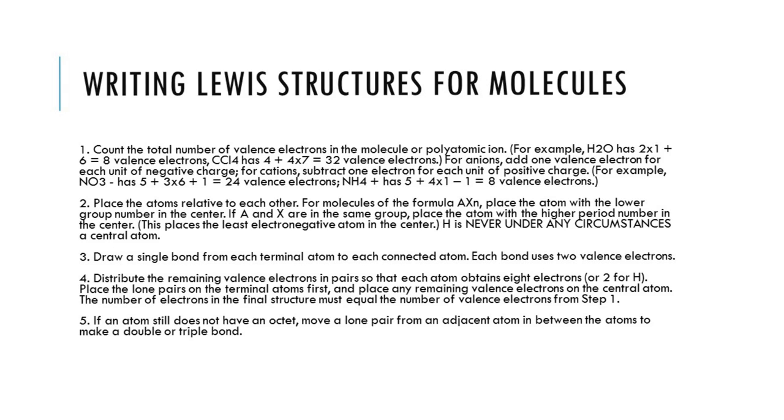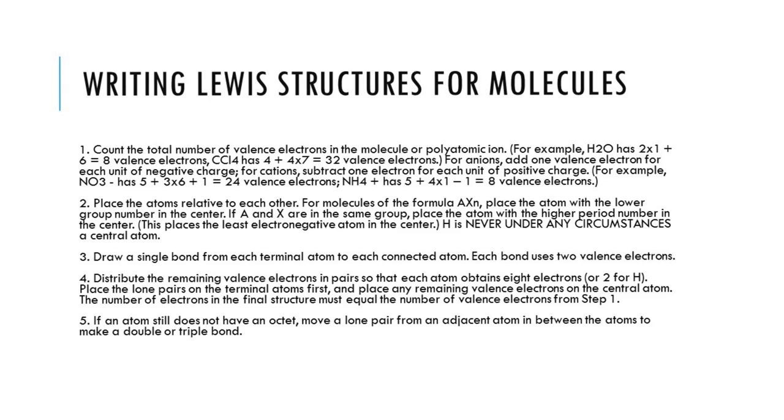NH4 plus has 5 from the nitrogen, 4 times 1 from the hydrogen, and minus 1 for the charge, which gives us 8 valence electrons.